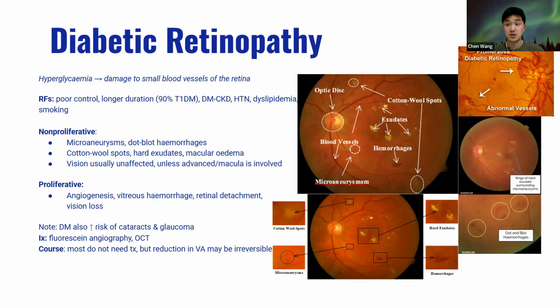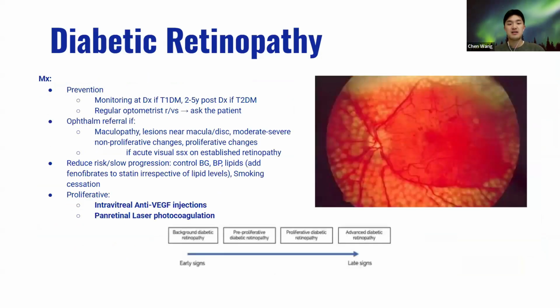Remember, it's one of the key causes for tractional retinal detachment. For management, the ophthalmologist team will consider intravitreal anti-VEGF injections and/or PRP as well, which can have this appearance when you look at their eye using fundoscopy.